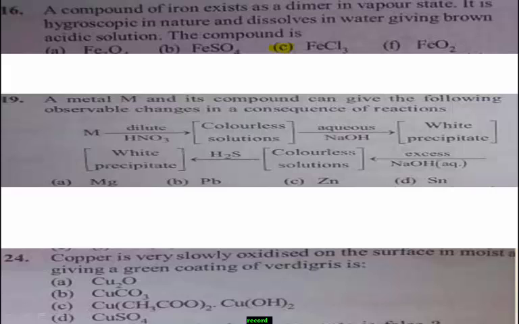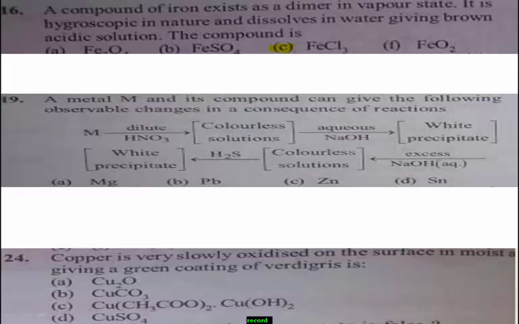Here they have given some catalyst and metal reactions and intermediate terms, but the question is, which one is the metal? Option A magnesium, option B lead, option C zinc, and option D tin. This is one of the tricky questions.